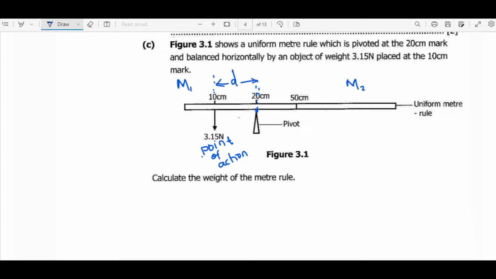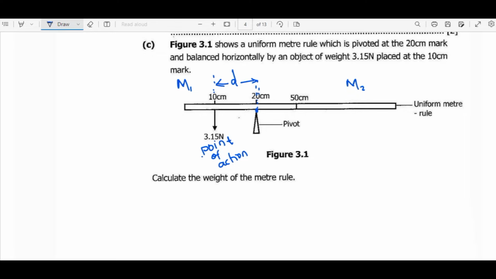For the other side, we need to find the point where the mass is concentrated. The question is to calculate the weight of the meter rule, so we need to look at the center of mass, where the entire mass of the meter rule is concentrated.